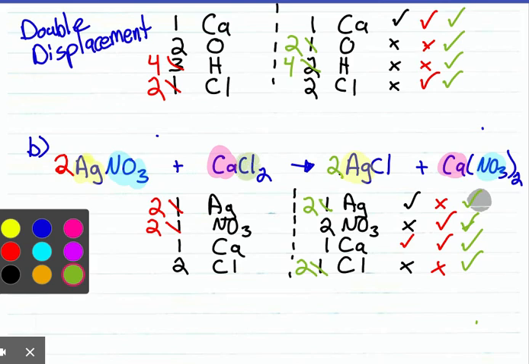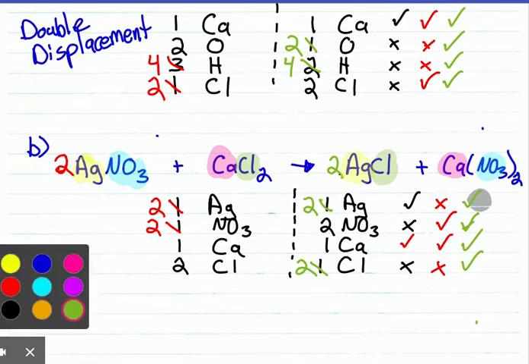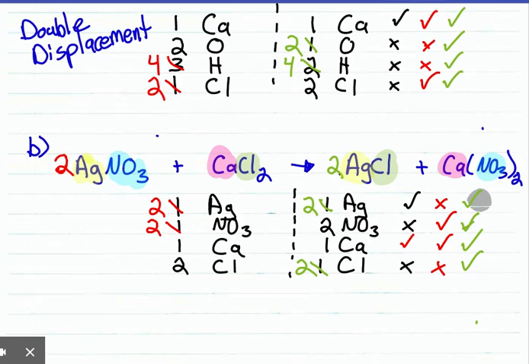And my chlorine is green. Okay, so this is showing me very easily that my silver has switched partners with my calcium. So the metals have traded places, and so that means that we have a double displacement again.